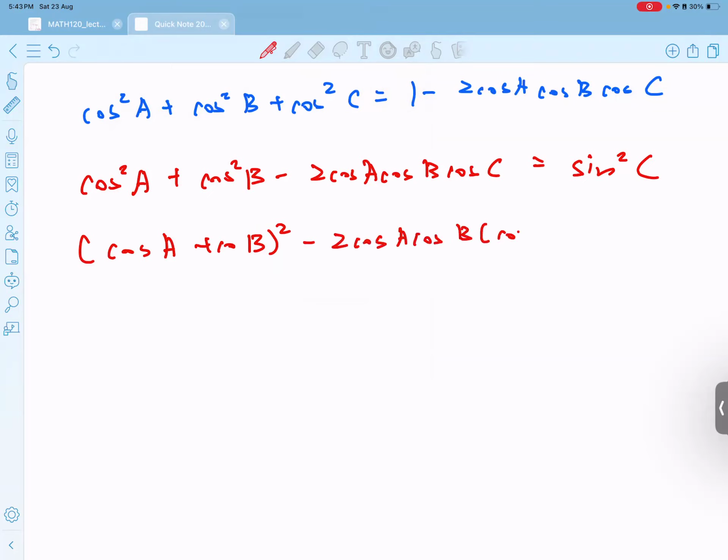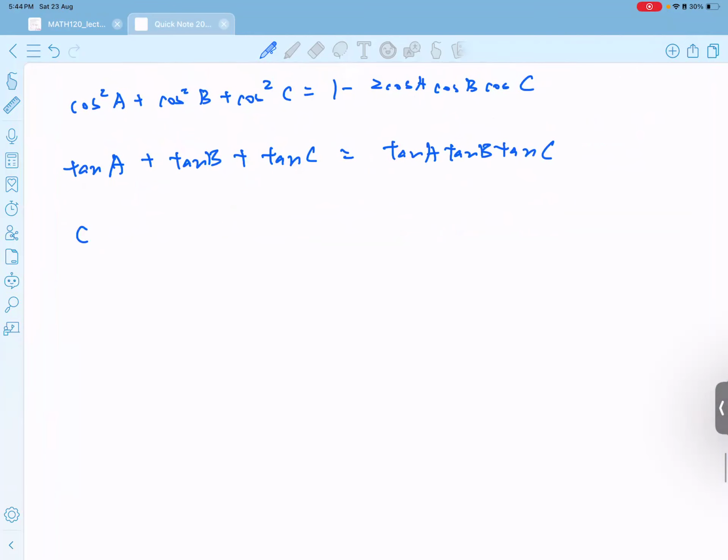Actually, I do remember. For both of these proofs, you basically just substitute C equals pi minus A minus B and you start bashing. It's really not that interesting to demonstrate in person, but that is the idea.